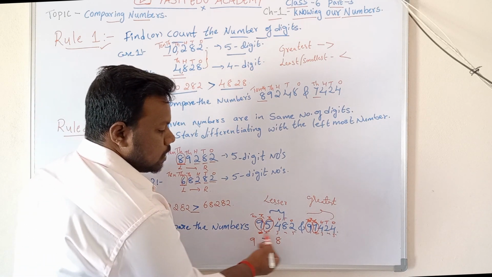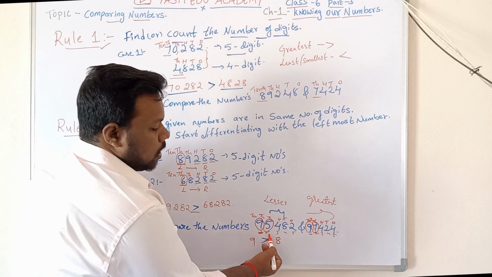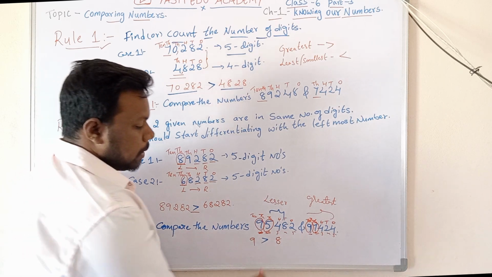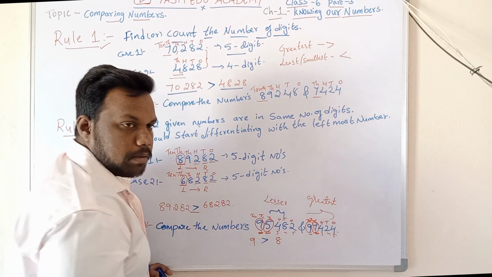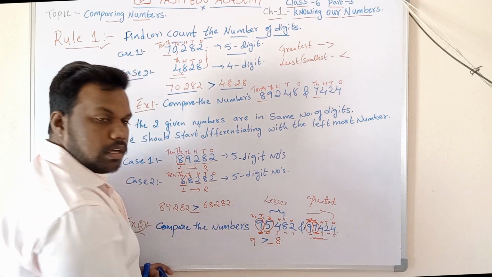So for the first digit, both numbers have the same digit and an equal number of digits. Now in the second place, the thousands place, one has the greater number. So this number is the greatest and this number is the least.